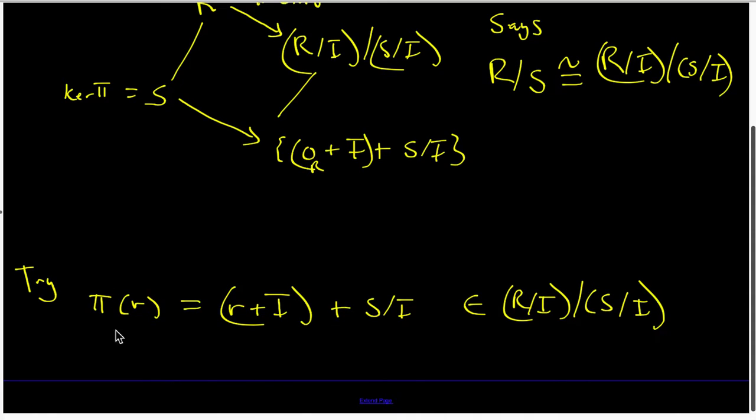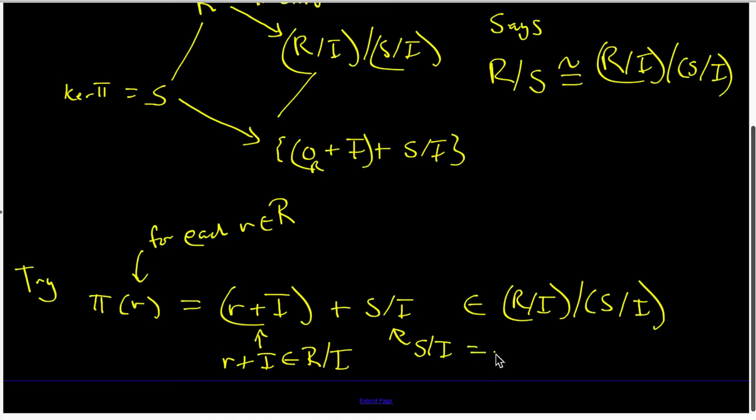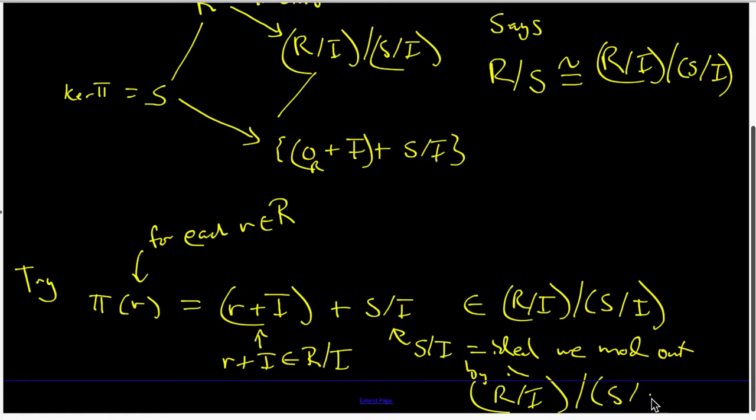We could let pi of r simply be r plus I plus S mod I and see if this works, because this is for each r inside the ring R, and this particular element is inside our target ring because r plus I is an element of R mod I, and S mod I is the ideal that we're modding out by inside the ring R mod I modded out by S mod I. So this particular guy is indeed in the target ring.